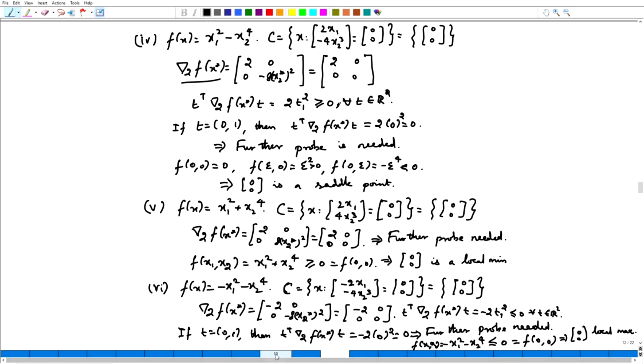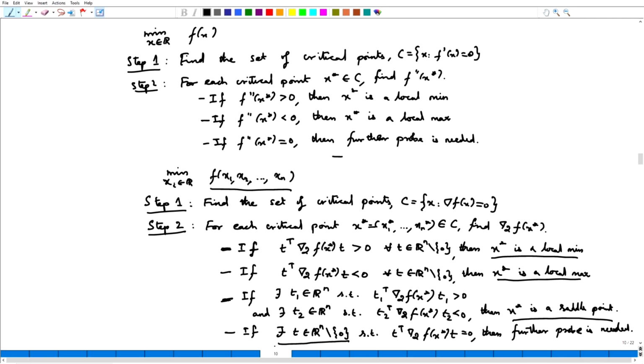So, going back to the theory that we had formulated, we are minimizing f(x1, x2, ..., xn), that is, we are minimizing a multivariate function. To find the local solutions, you first find the set of critical points by equating the gradient to 0, and for each critical point you find the Hessian matrix.